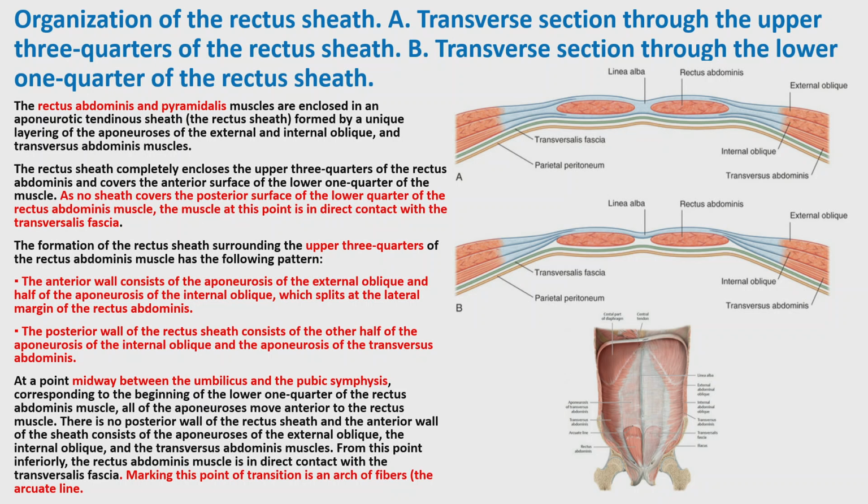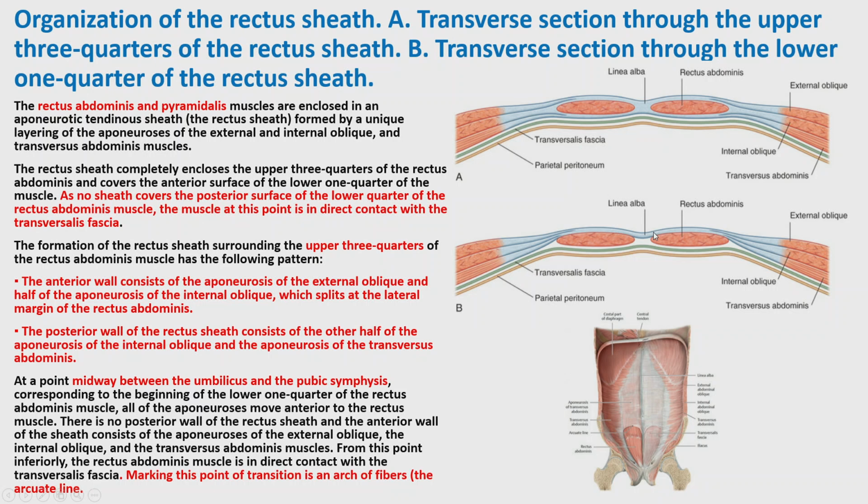There is one interesting thing on the anterior side of the abdomen, the interesting organization of the rectus sheath, which is important. There is a different organization for the upper 3/4 of the rectus sheath, which is here, and the lower 1/4 of the rectus sheath.